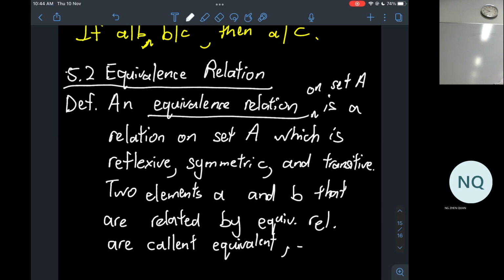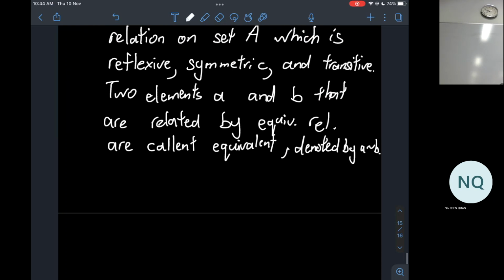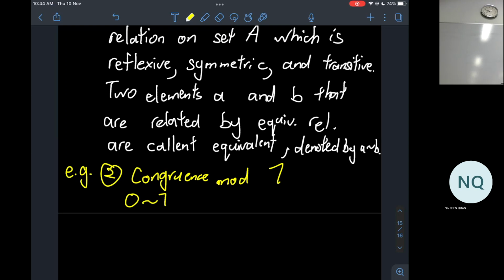Similarly here, we will write A squiggle B. For example, I remind you again, in our congruence world, congruence mod 7, we will write 0 is equivalent to 7.